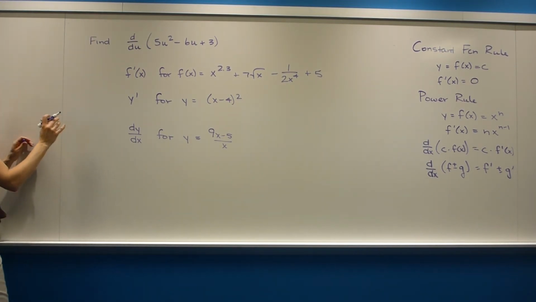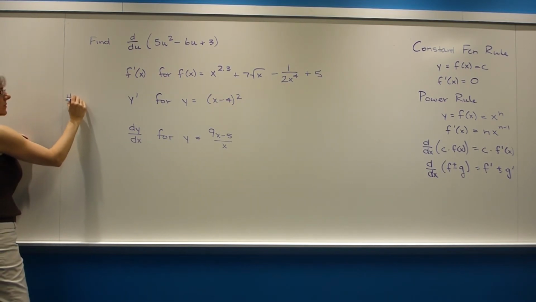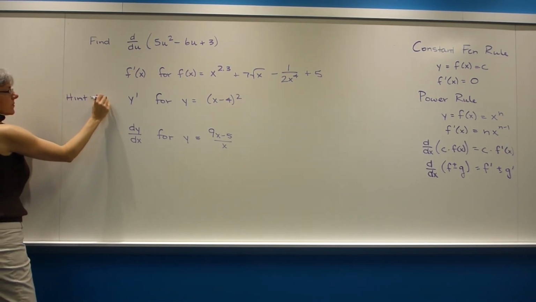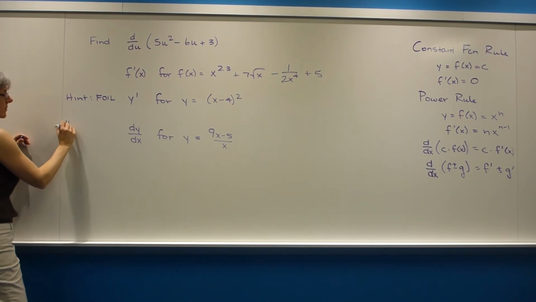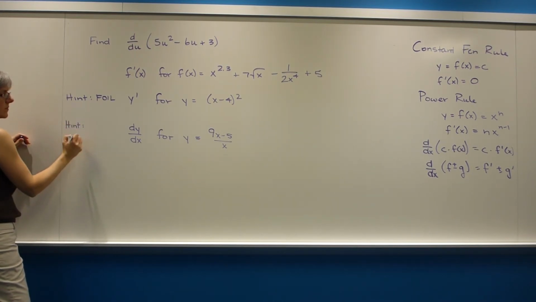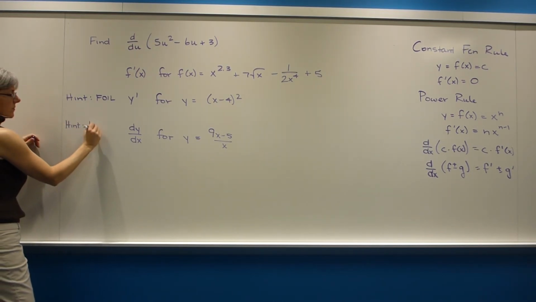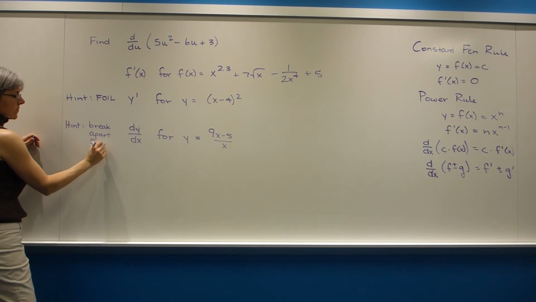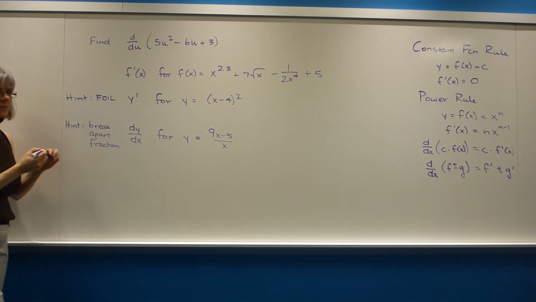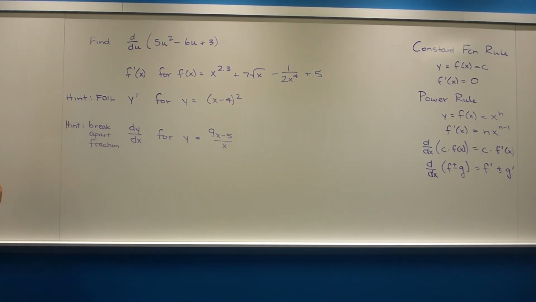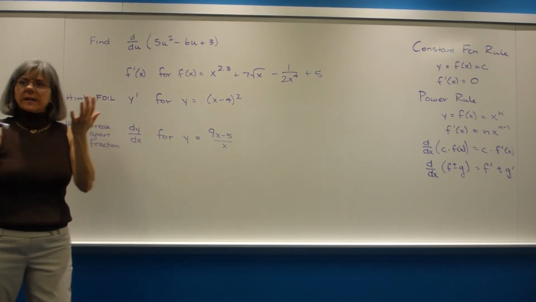And I have hints for the last two. So let's just talk briefly about why I made those hints. (x minus 4) quantity squared.